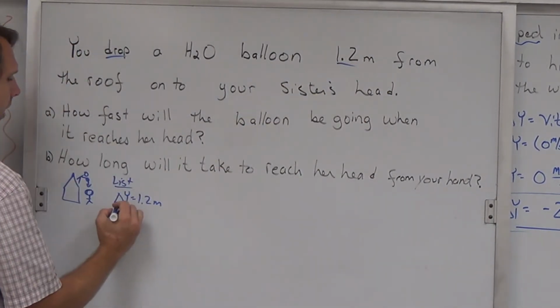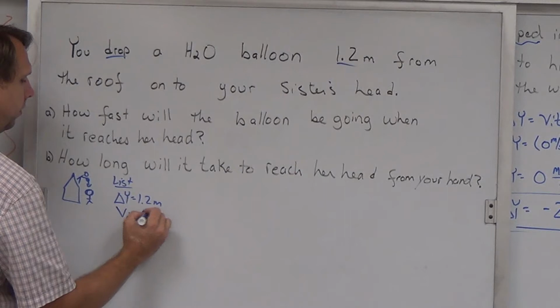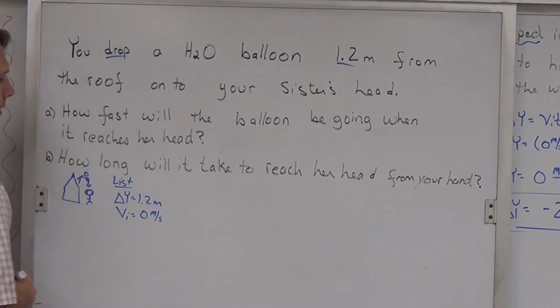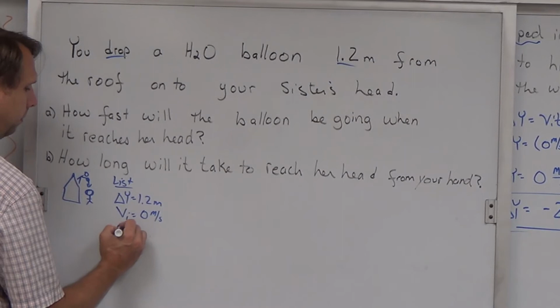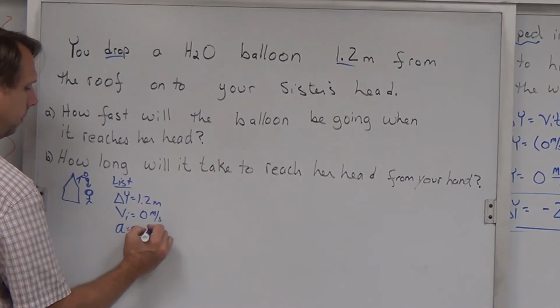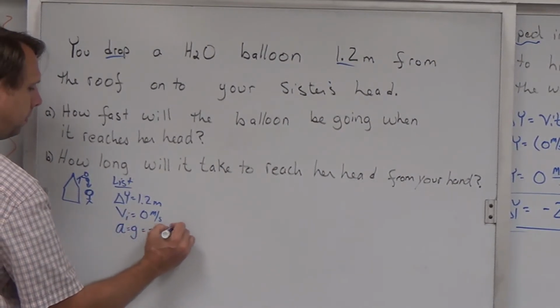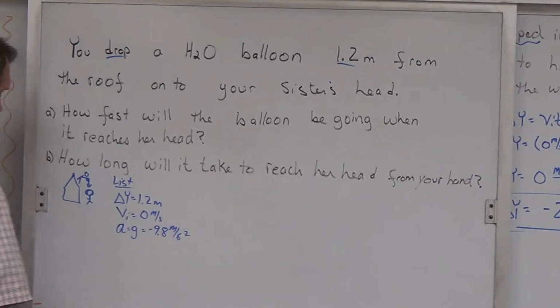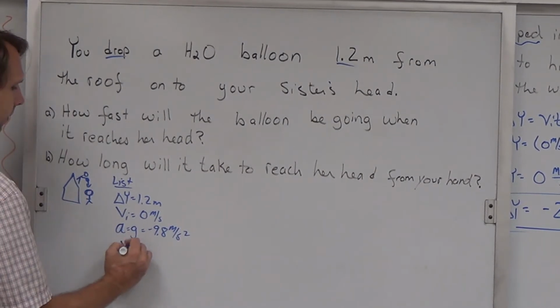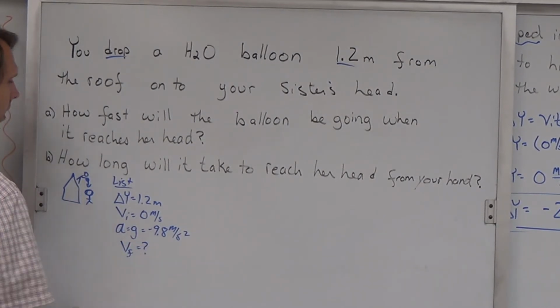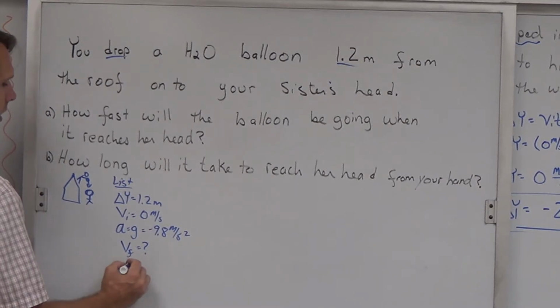Drop is indicating that your initial velocity equals 0 meters per second. We can assume we're on what planet? And we're looking for how fast, the final velocity, and we're looking for how long, the time.